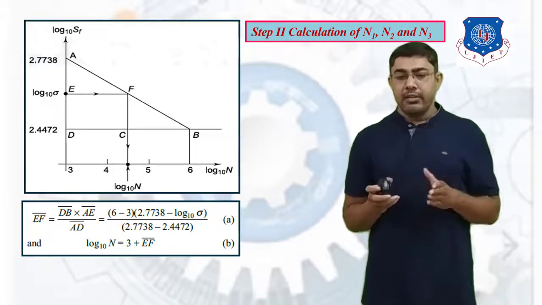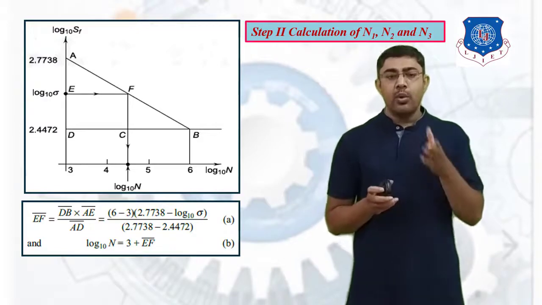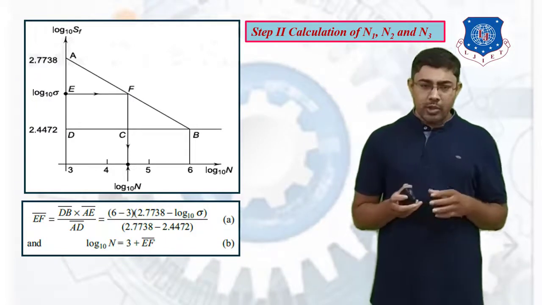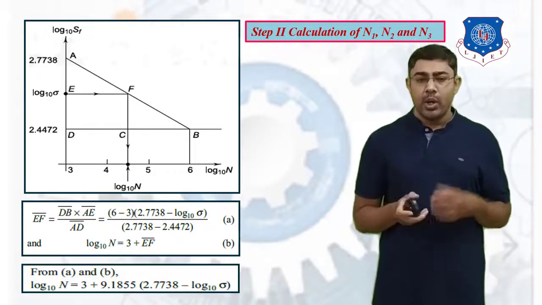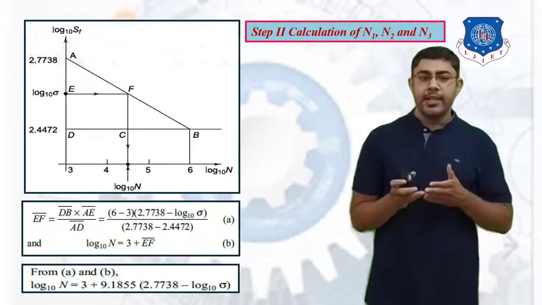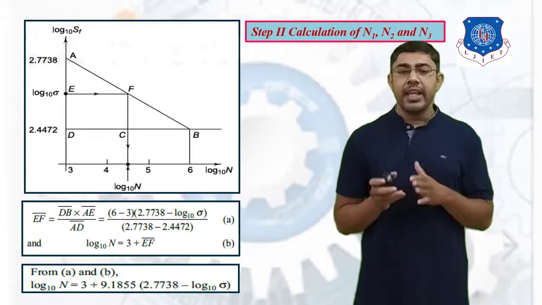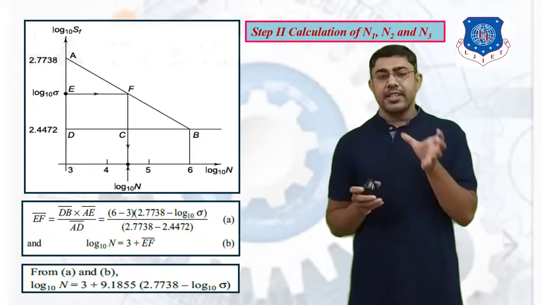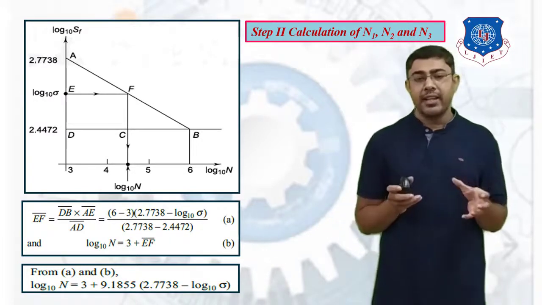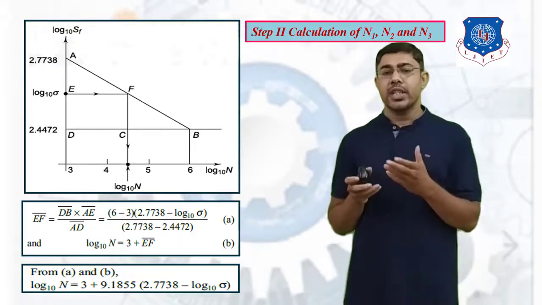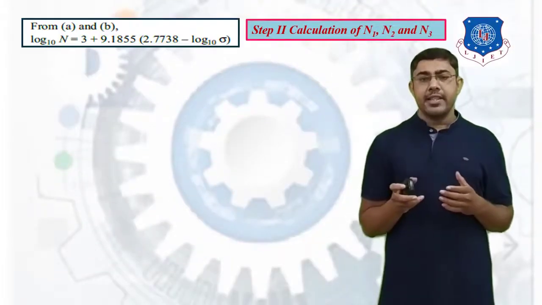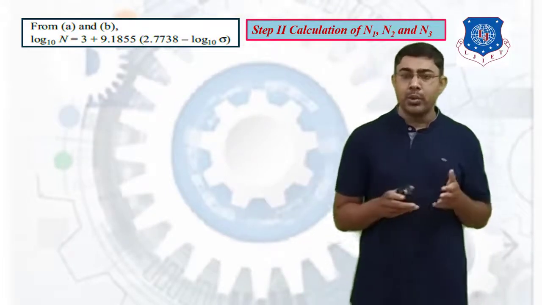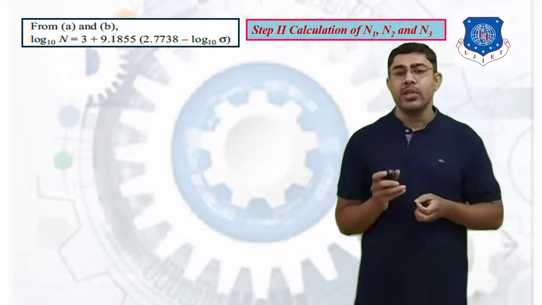This gives equation A, and log n is equal to 3 plus EF gives equation B. So from equations A and B we can say that log n is equal to 3 plus 9.1855 into 2.7738 minus log sigma. Now this is the generalized equation of life cycle in terms of log n and log sigma. So I call back the equation: log n is 3 plus 9.1855 into 2.7738 minus log sigma.